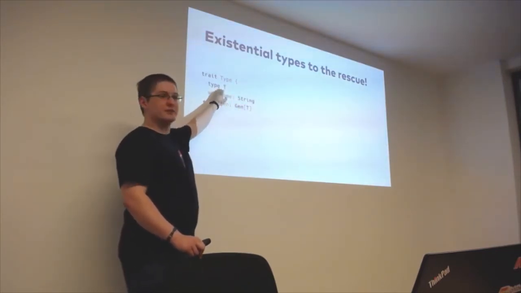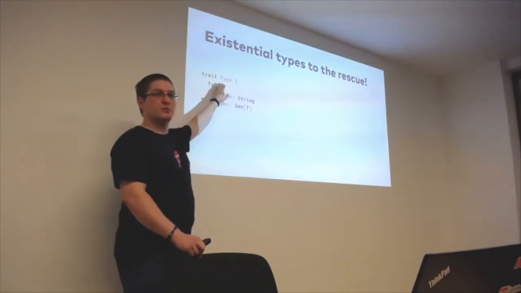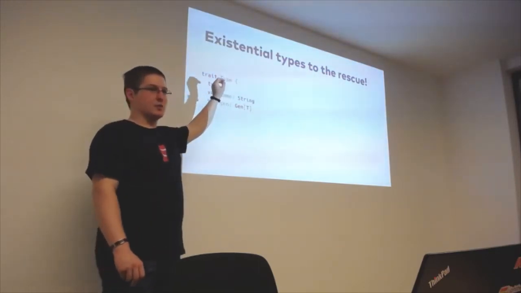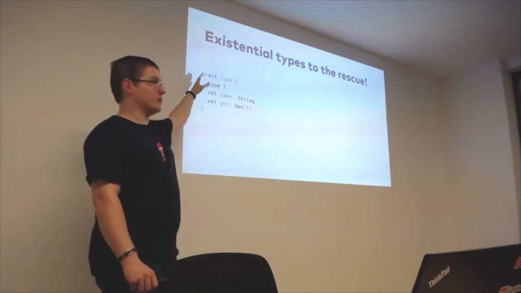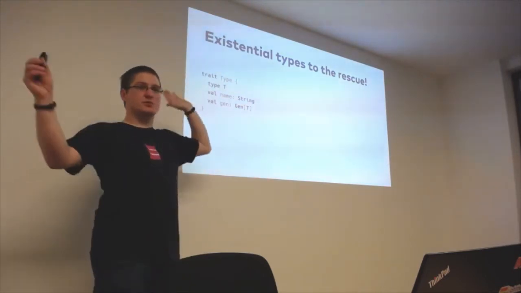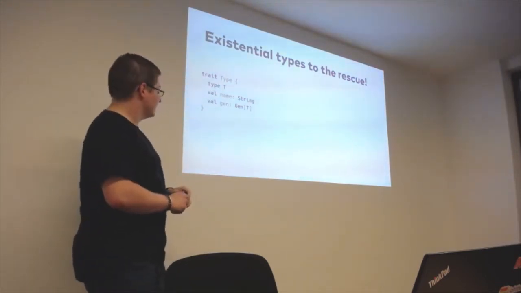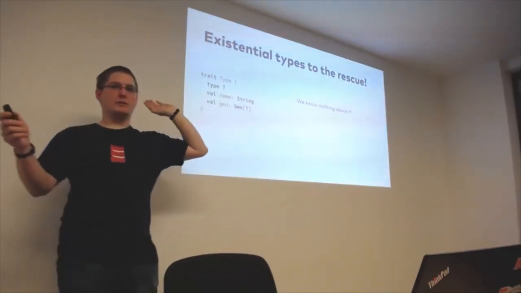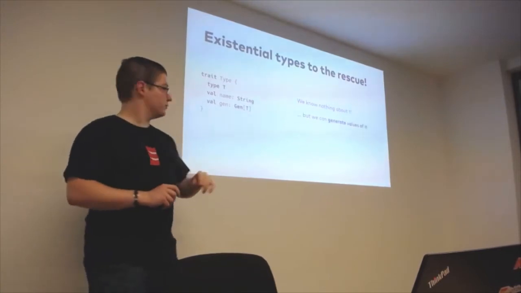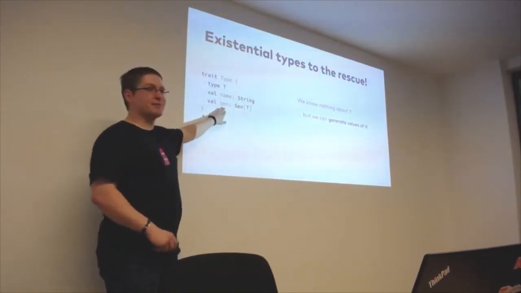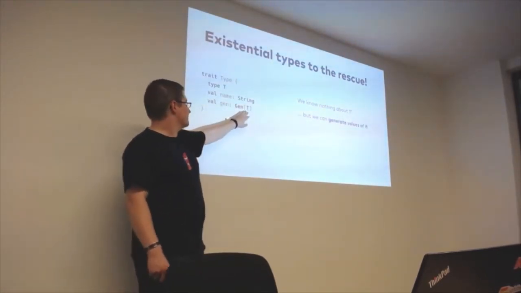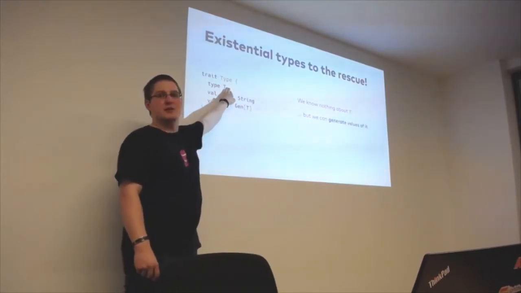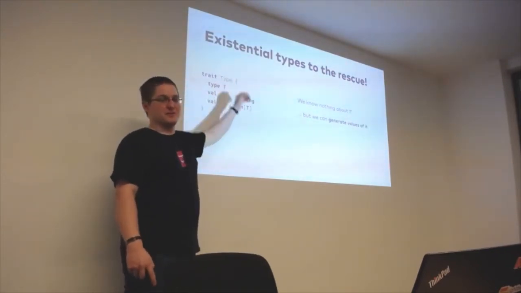You can associate a type to an interface and leave it completely unspecified. So everyone who inherits from the interface can put an arbitrary type in there. And the catch is that you know nothing about that T. There's no upper bounds, no lower bounds, nothing. But you can generate values of it because you have a generator here, and you know that the generator's T is exactly that same T. But you don't know what the T is, right?